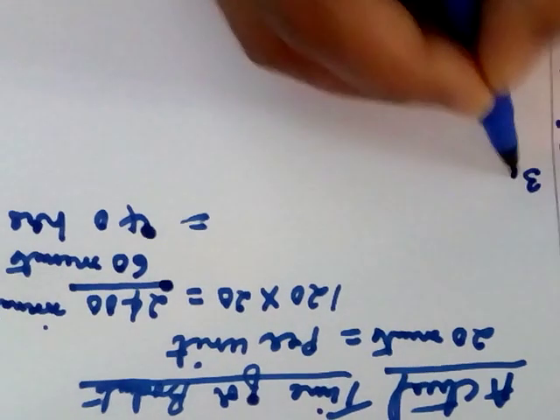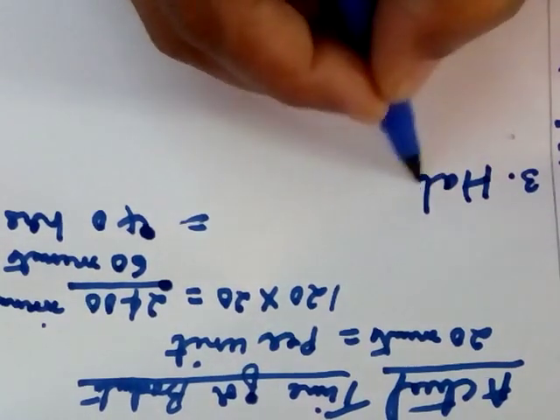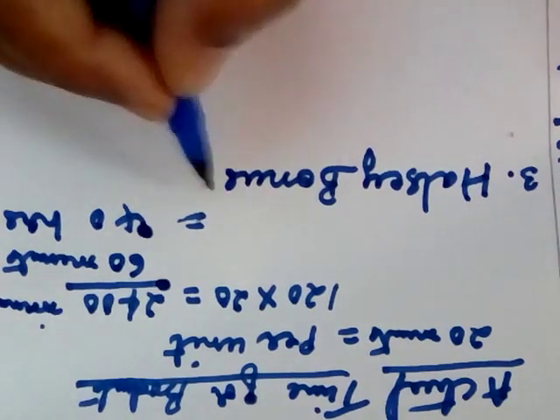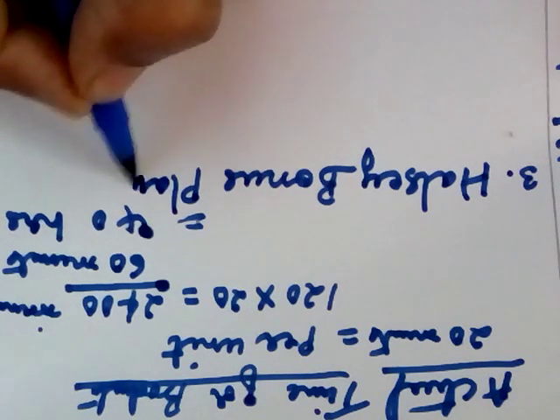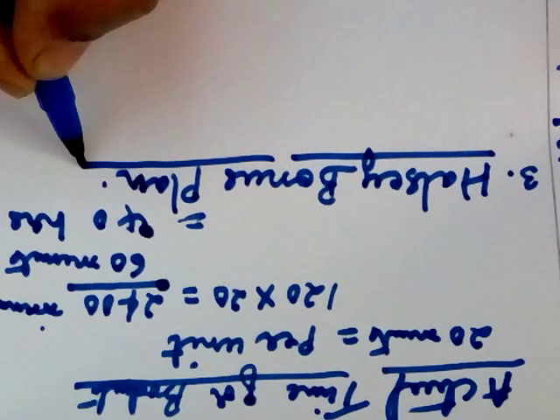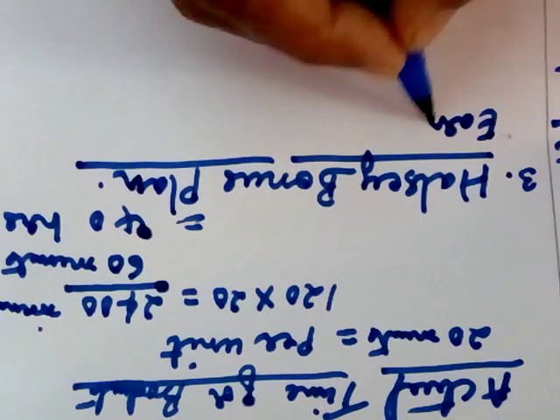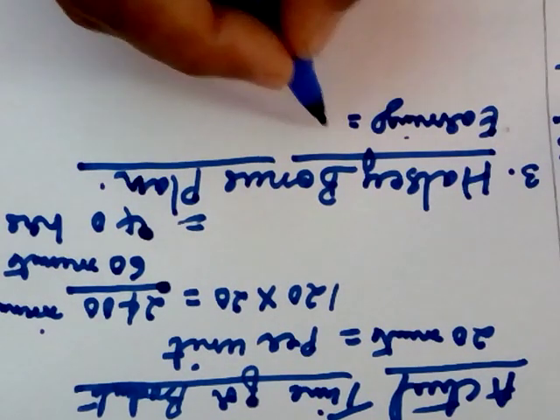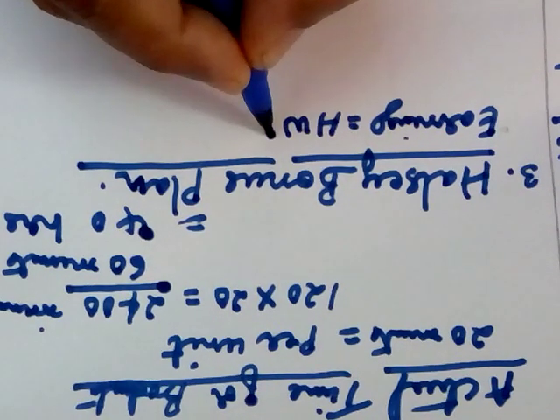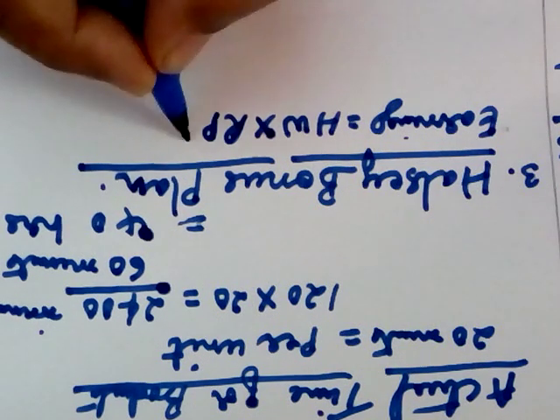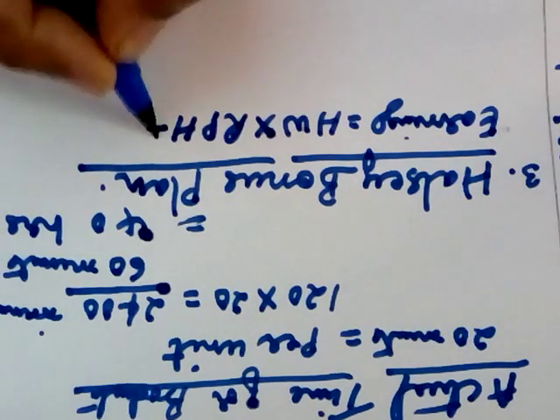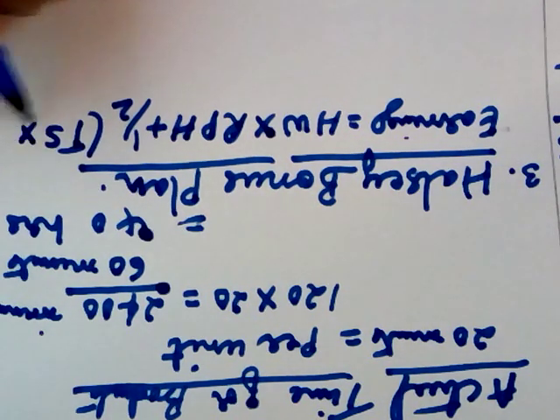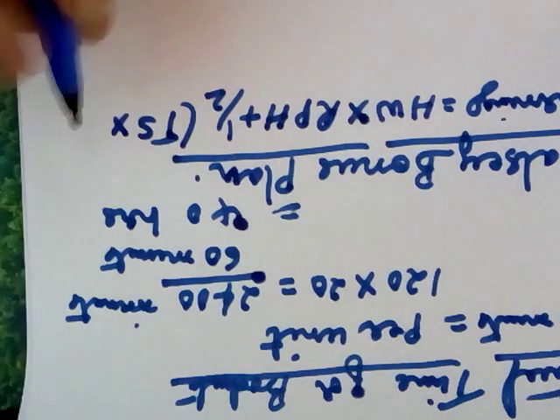With this information, we can calculate the earnings under the Halsey bonus plan. The formula is hours worked into rate per hour plus half of time saved into rate per hour.